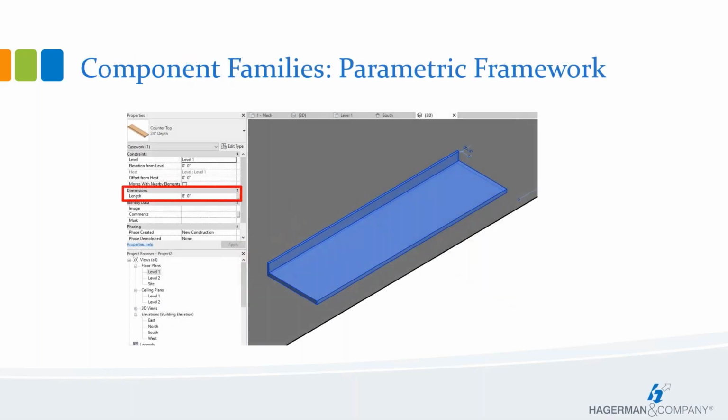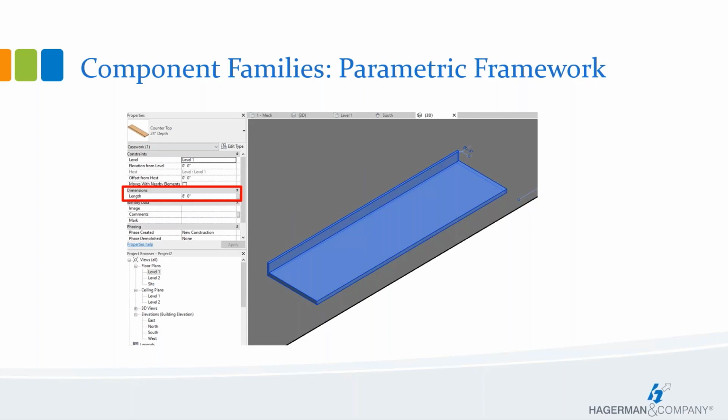All right, so now that we have a basic understanding of the three kinds of families, let's take a deeper look at component families and some of the things you can do with them.